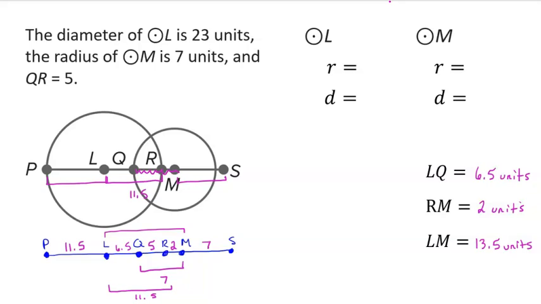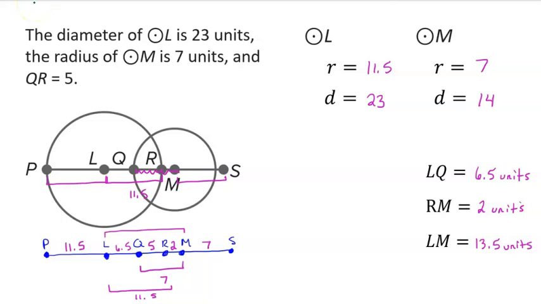And thinking about what we already knew about circle L and circle M, I knew that the diameter was 23, and if I cut that in half, that gave me that 11.5. For the circle M, for the radius, I had 7. That makes the diameter 14, and then I can go back and check my work to see if it works out.